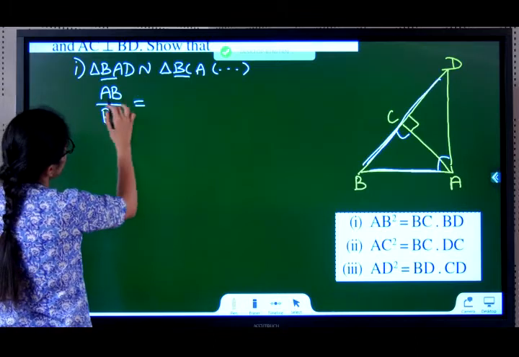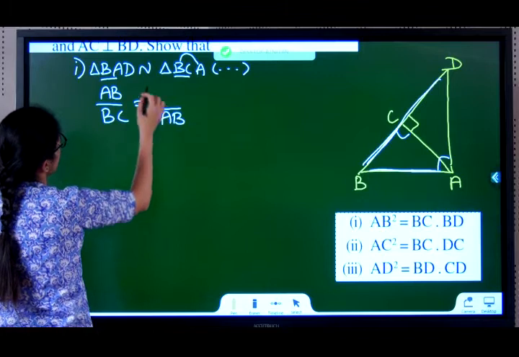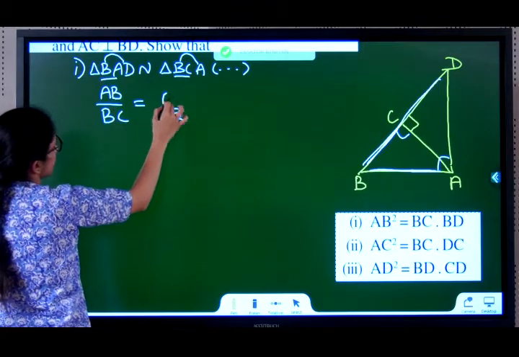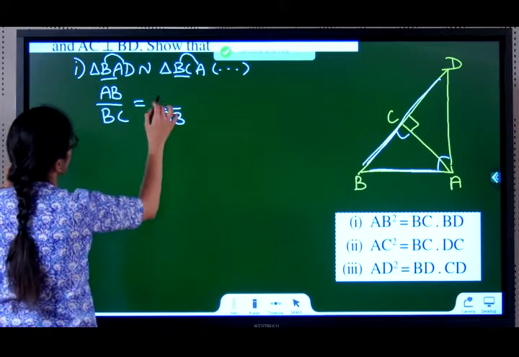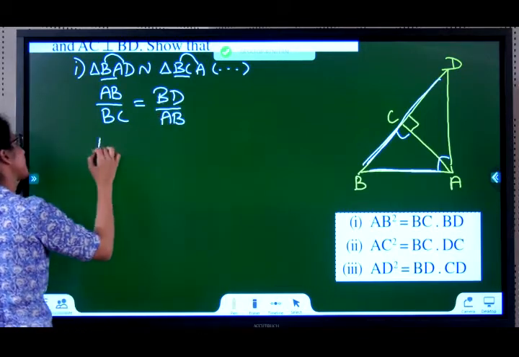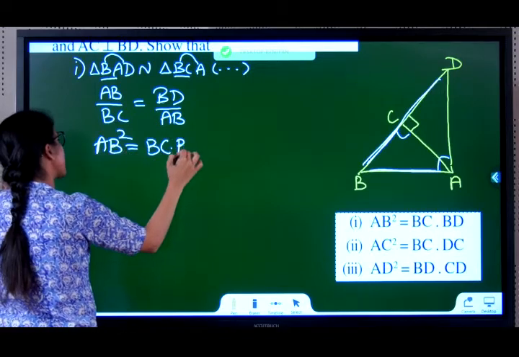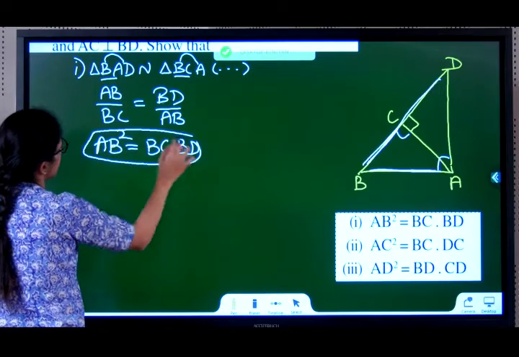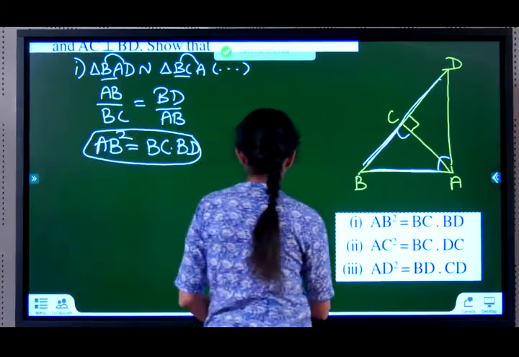I want one more AB to get AB square, so I have to take AB here, so I get AD here and BD here. So AB square is equal to BC into BD. First proof is done.